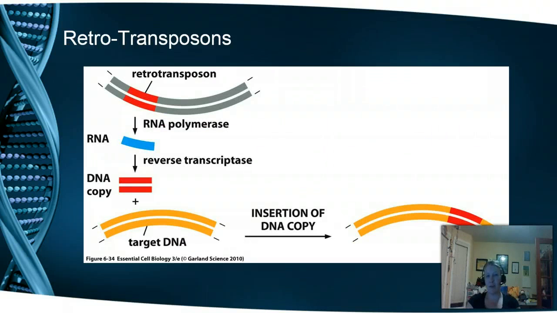Then we have retrotransposons. What retrotransposons do is form an RNA sequence off of the retrotransposon sequence that's within the DNA. This then uses an enzyme called reverse transcriptase to read that RNA and create a DNA copy that's then inserted into the target DNA. So it's important to understand how that works.